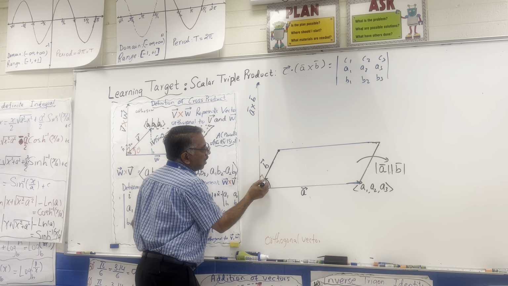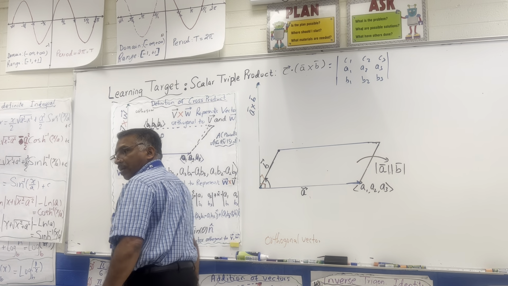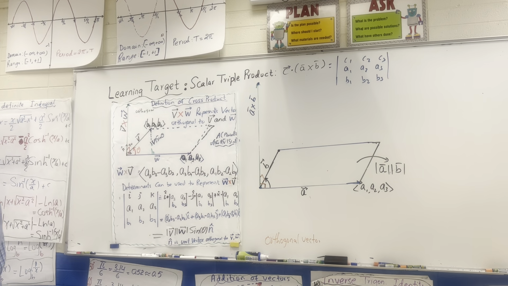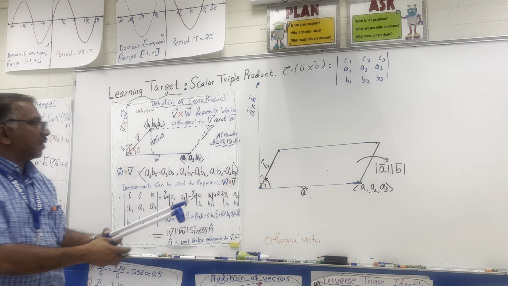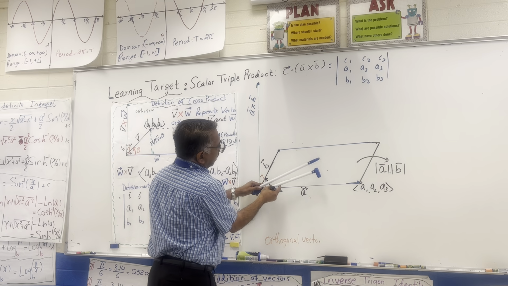I'm going to use this arrow to show the angle is rotating counterclockwise. So this angle, let's say this is vector C, the angle is considered from here to here.